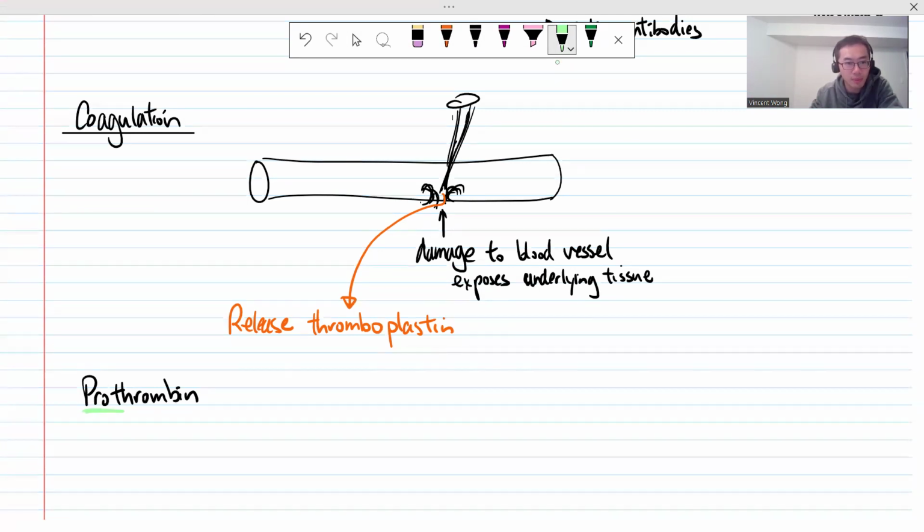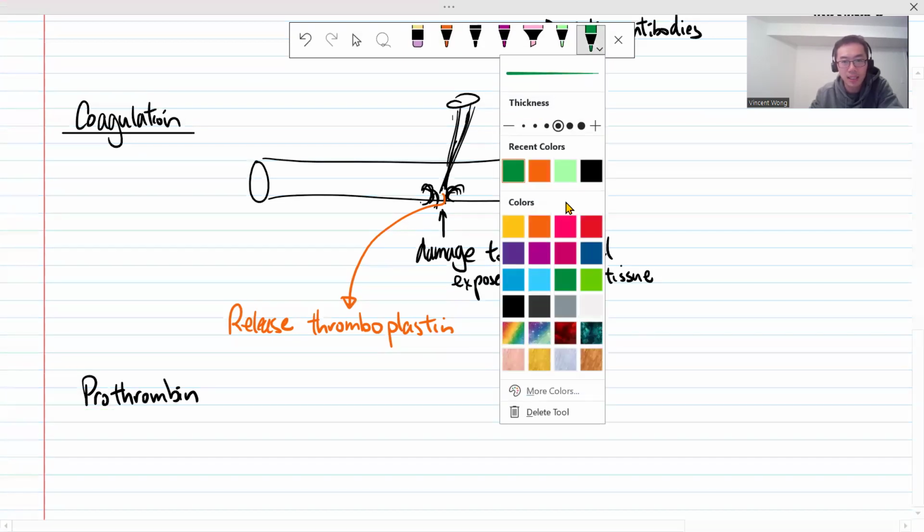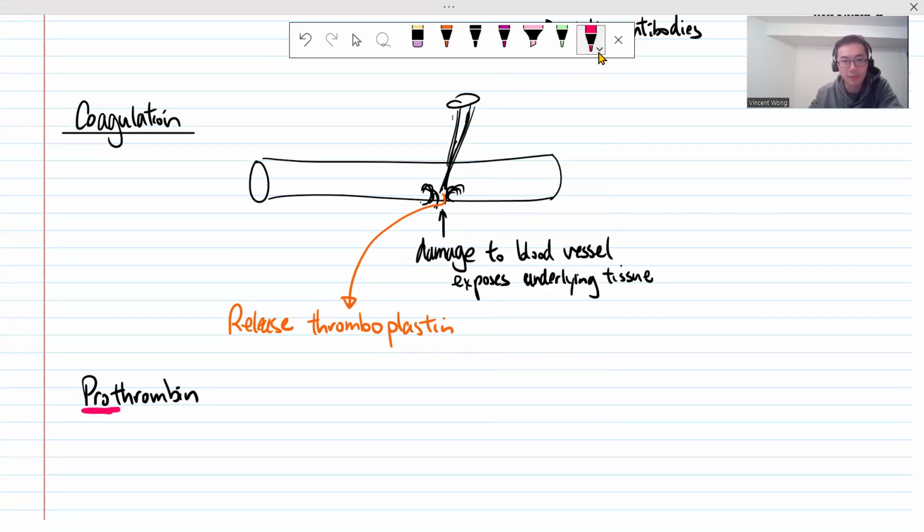If you see the prefix pro, more often than not, it means it is inactive. So the prothrombin is inactive, and you want it to be inactive normally. If you don't have any cuts, you don't want your blood to clot, right? It's bad to have a blood clot in the middle of your blood vessel for no reason. That could lead to a stroke or something. Actually, that does happen. It's called an embolism, you can look that up. But normally we don't want that to happen, and it just stays inactive.